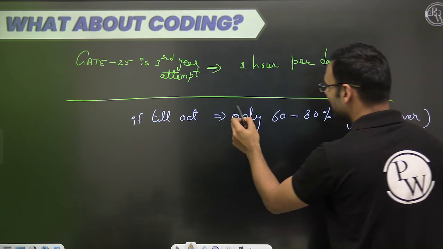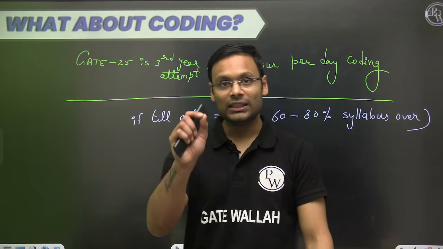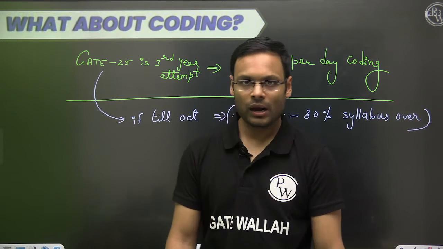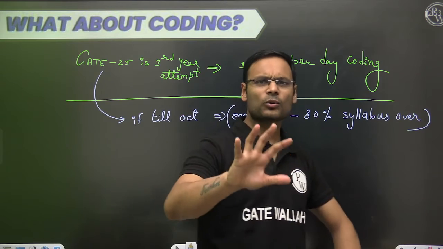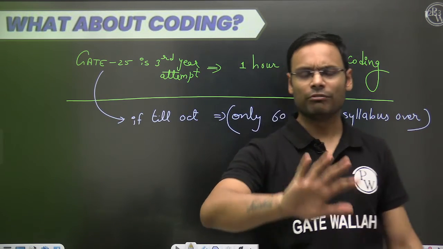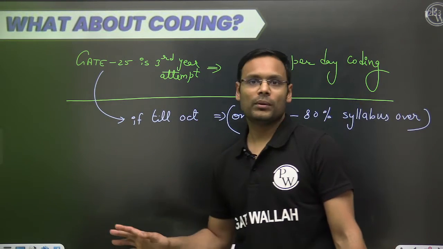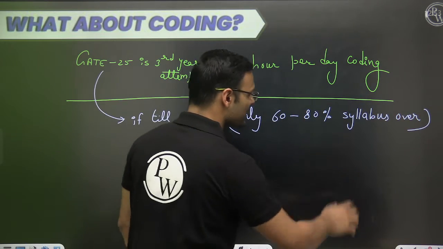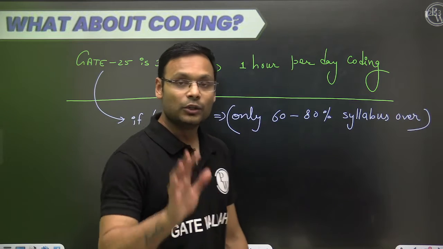You will attempt your GATE along with this much syllabus only if this is your third year attempt itself. If you can cover up all the courses along with 1 hour per day coding, no problem at all. I don't have any problem with that. But if you are able to cover a lesser number of courses, then no problem.